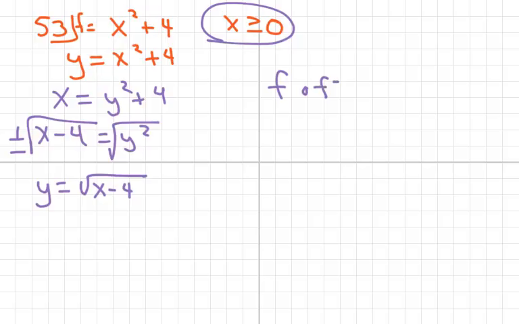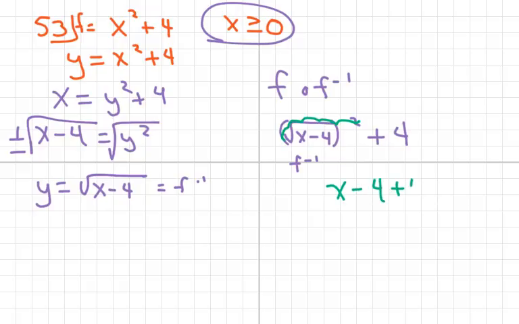Now, when you check f composed with f inverse, this was your f inverse. We're going to write down f and dump in f inverse. Goes inside here. This will be square root of x minus 4. These cancel. So you get x minus 4 plus 4. That does equal x.